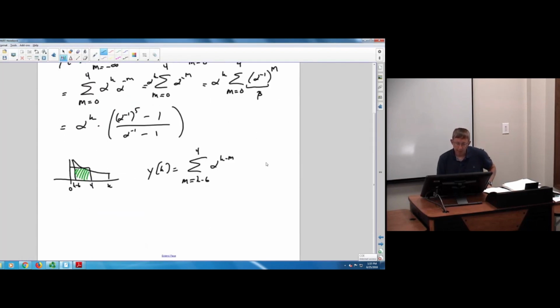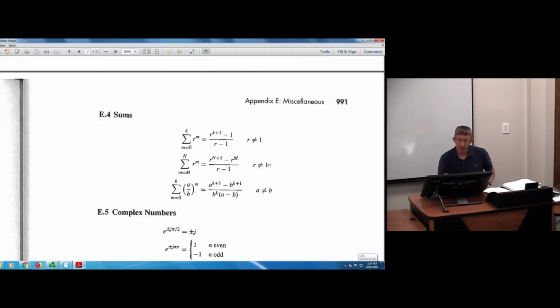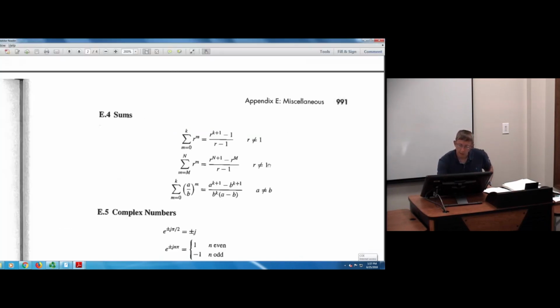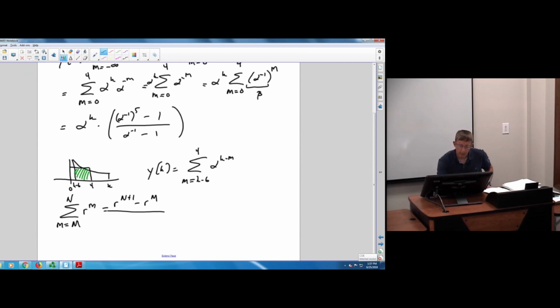If I had a sum that started at an arbitrary number capital M and went to an arbitrary number capital N of r to the counter, that is equal to r to the n plus 1 minus r to the m over r minus 1. That's exactly what we have right here, after I do just a little bit of work.